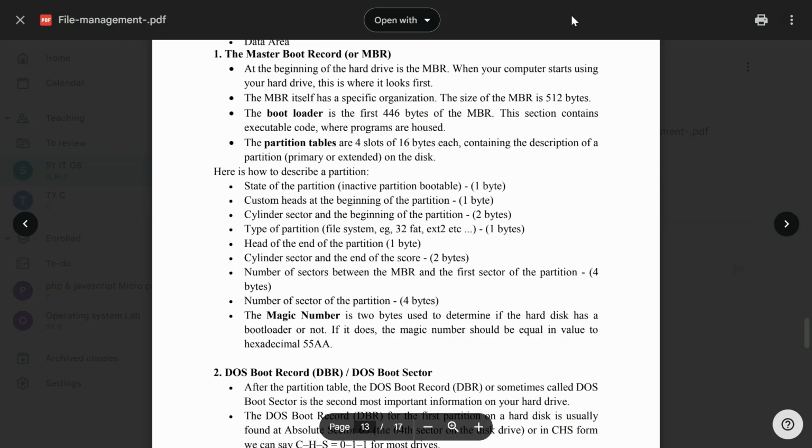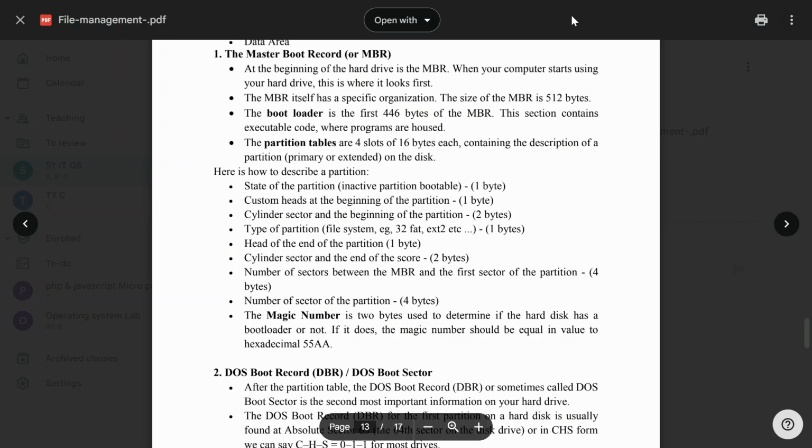So at the beginning of that partition, the address of that particular partition we have to store. That is nothing but the heads at the beginning of the partition. That information we are going to specify using 1 byte space.